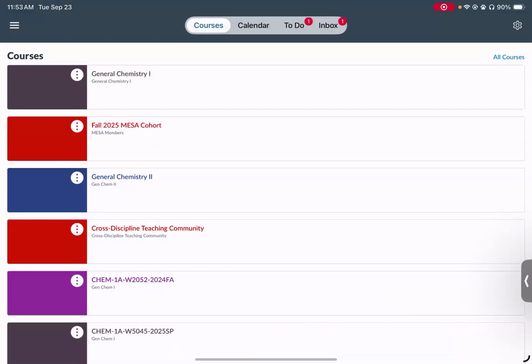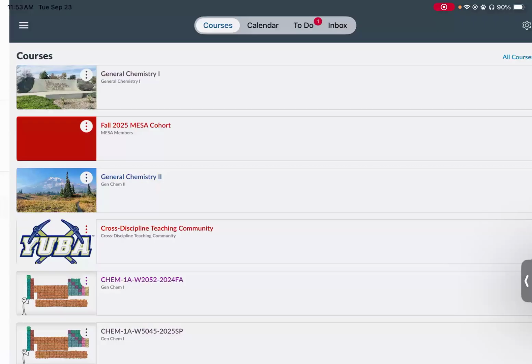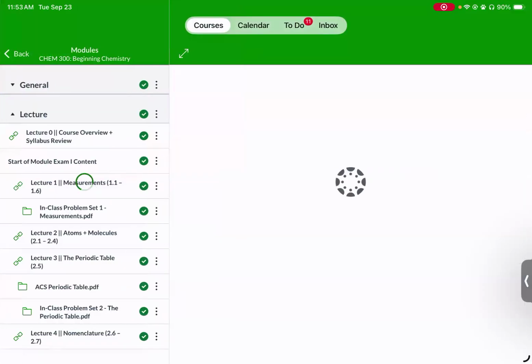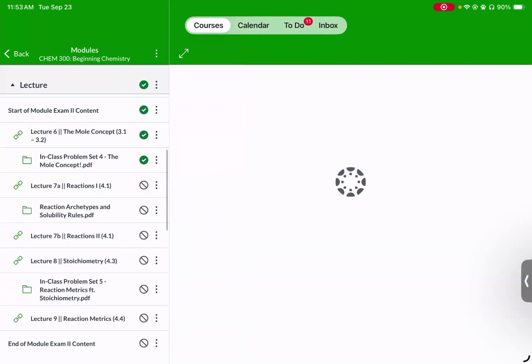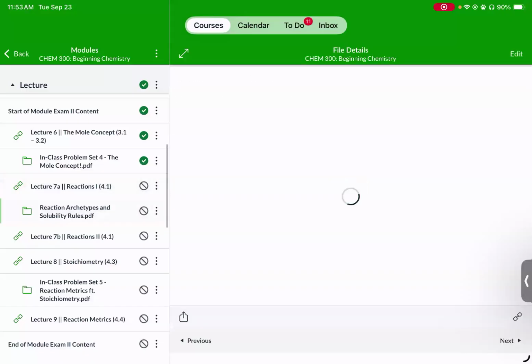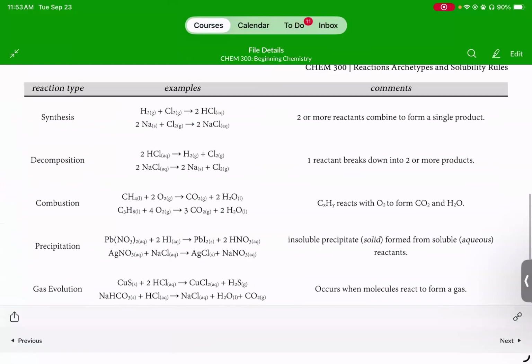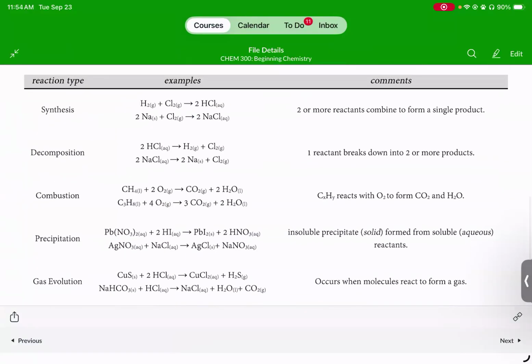Similarly, since I have the opportunity, I'd like to point something out. On the other side of that handout is a table that summarizes all of the reactions we are going to cover this week.